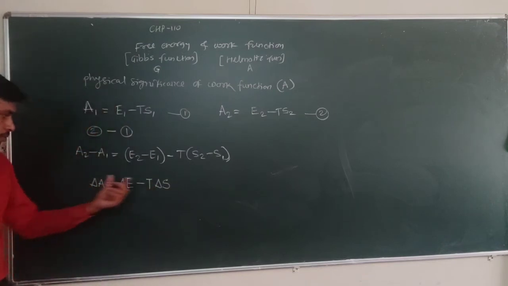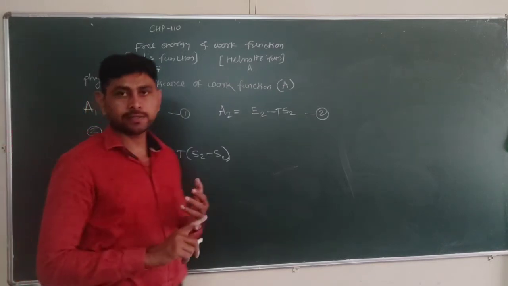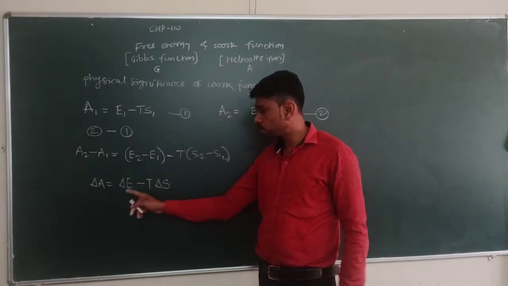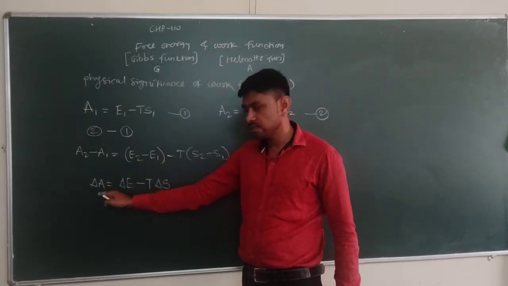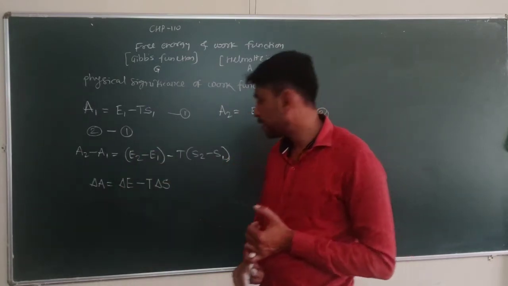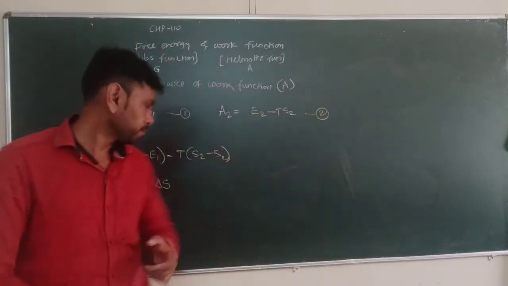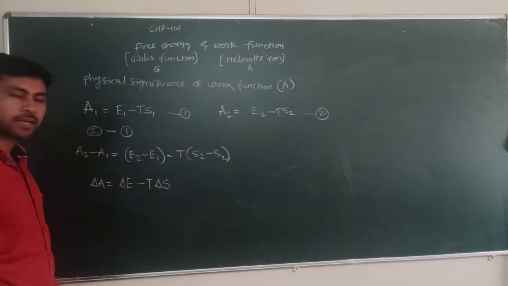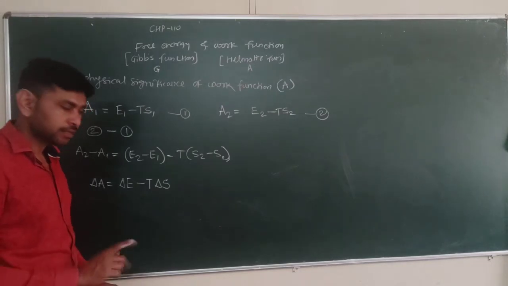Both are state functions, so this work function is also a state function. It depends on the initial and final state of the system and not the path followed. So delta A is equal to delta E minus T delta S.